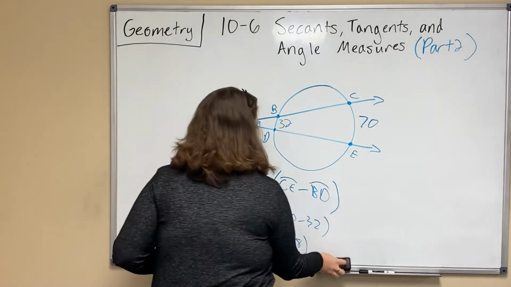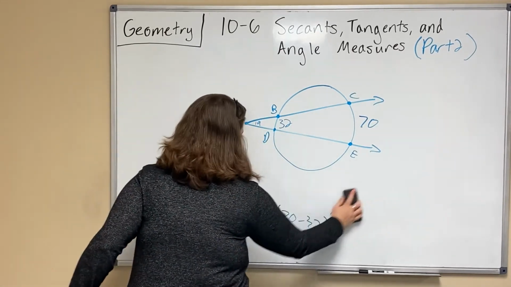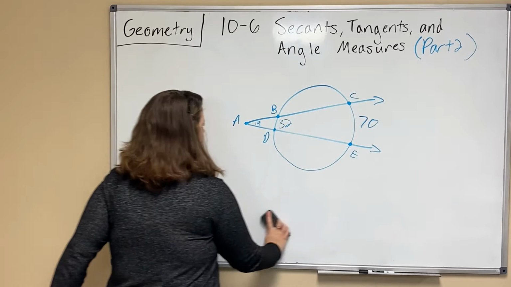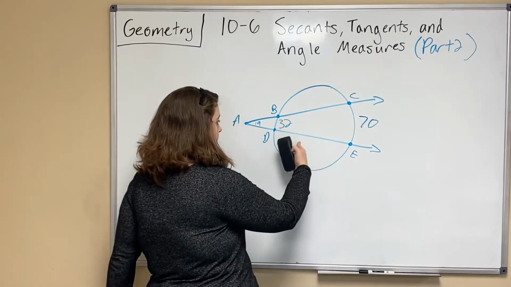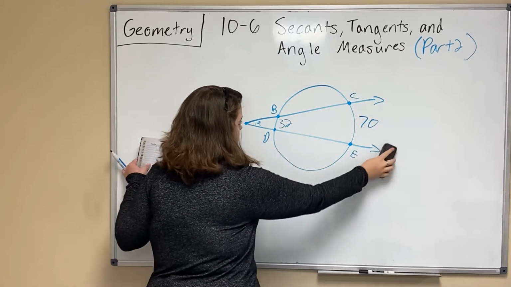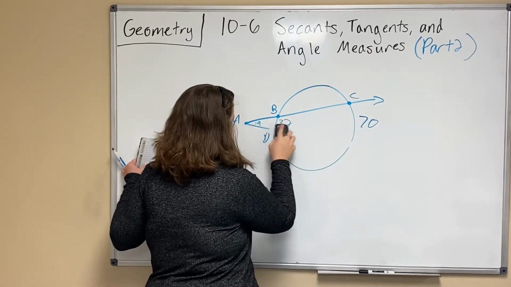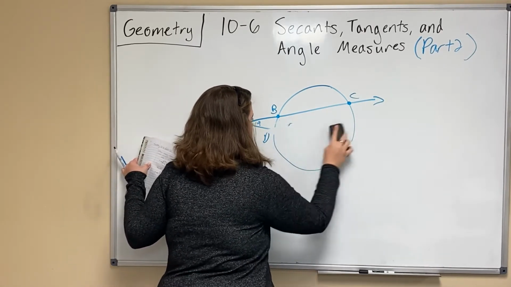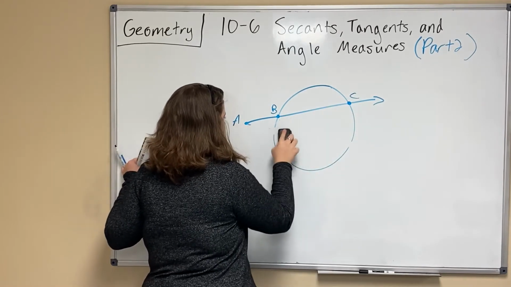The second thing we're going to see in this lesson is not just two secants intersecting outside the circle, but what if it's a secant and a tangent? So I'm going to erase the second secant and make it a tangent instead.